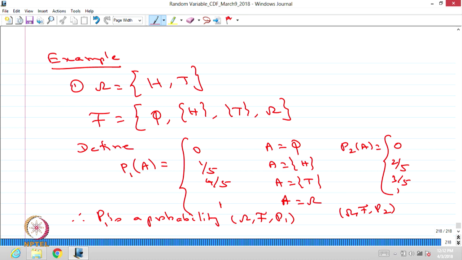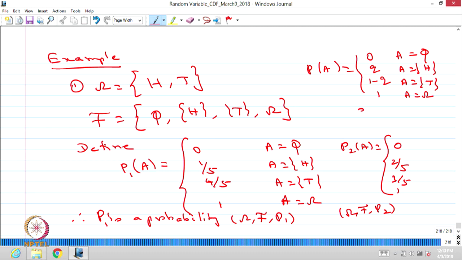Are there only these two? We can go for many combinations in which P of A takes the values 0, Q, 1 minus Q and 1, for A equal to the empty set, A equal to H, A equal to tail and A equal to omega, where Q lies in the open interval 0 to 1.